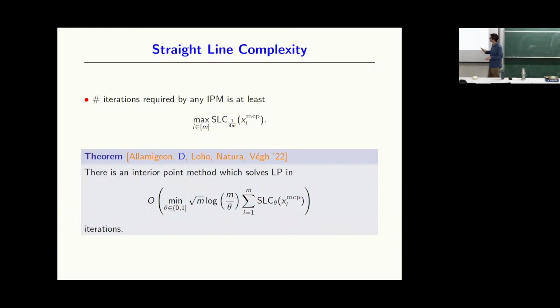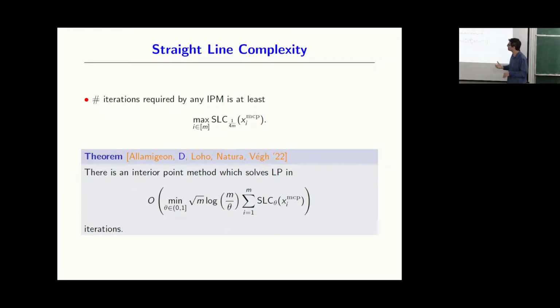So we both have, from a coarse geometric perspective, a lower bound on the number of iterations of essentially any interior point method, and an upper bound that are not too far off from each other.